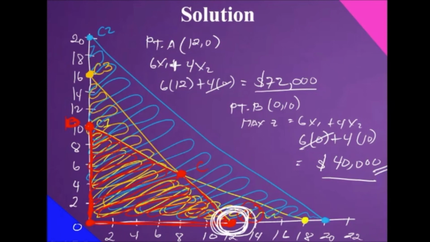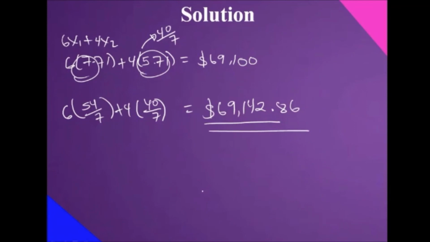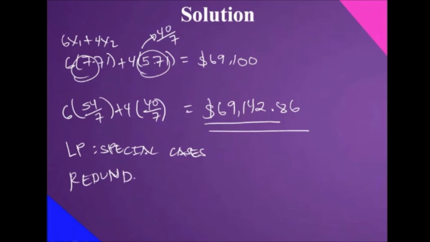Sir, tapos na tayo. Nasaan na yung topic? Okay, balikan natin. Ito is familiarization sa graph, guys. Ang topic natin, linear programming special cases. And specifically, 4 yan. Ang topic natin ngayon is redundancy.